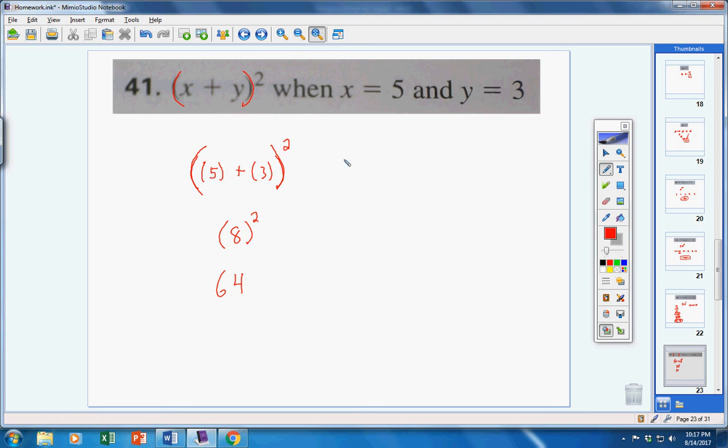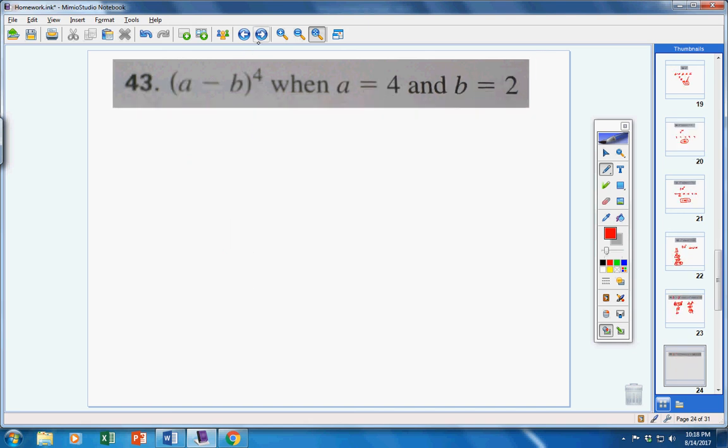Some of you want to square the 5 and put 5 squared plus and square the 3. 3 squared and get 25 plus 9. Look at that. You don't get the same answer. This is wrong. You cannot do that. You must first take the inside of the parentheses, simplify it down to one number, and then take that number to the proper exponent or to the proper power. So 8 times 8 is 64.